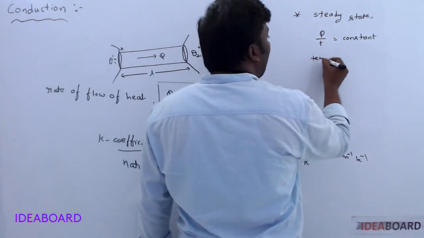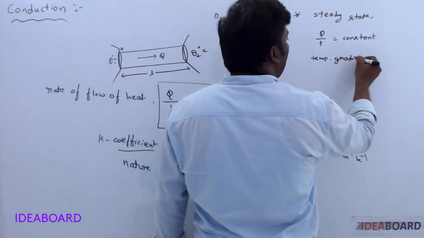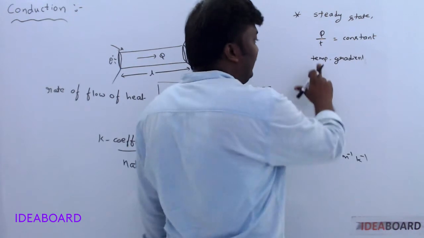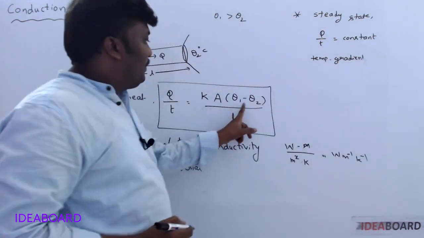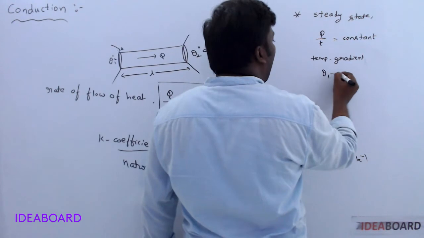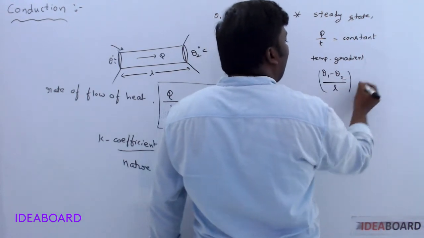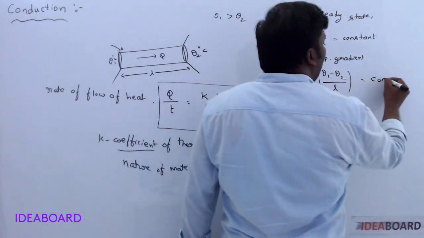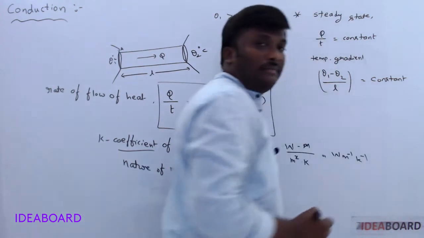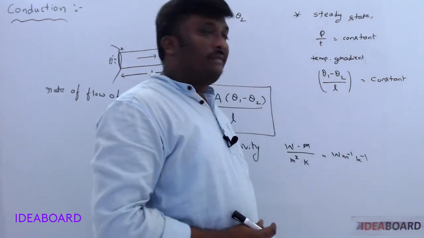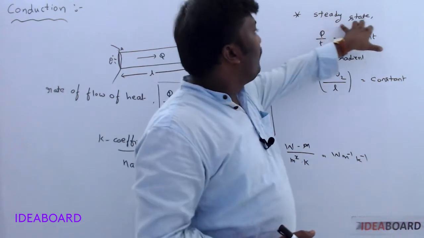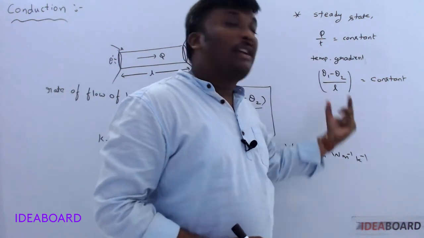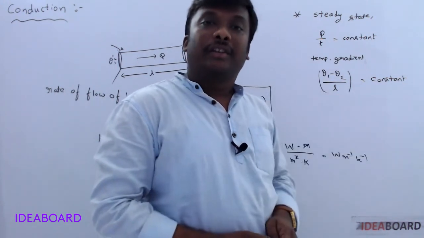Otherwise, the temperature gradient, meaning temperature difference per length, (theta 1 minus theta 2) by L, is also constant along the conductor. Understand? So anywhere you observe the words in steady state, Q by t remains constant, or the temperature gradient along the conductor is always constant.